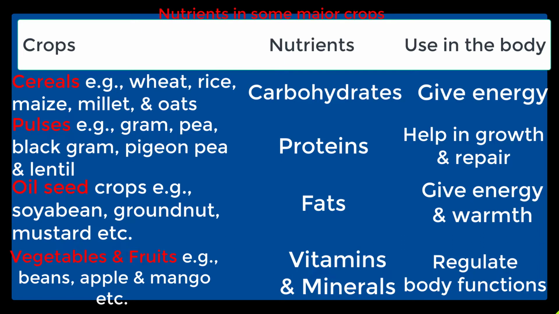Oilseeds crops including soybean, groundnut, sesame, castor, mustard, linseed and sunflower provide us with necessary fats, give energy and warmth. Vegetables and fruits provide us a range of vitamins and minerals and they help in regulate body functions.